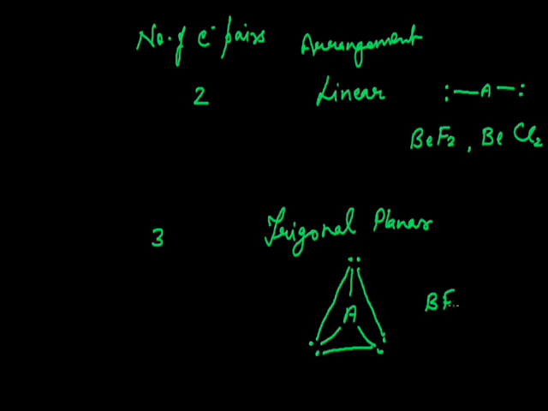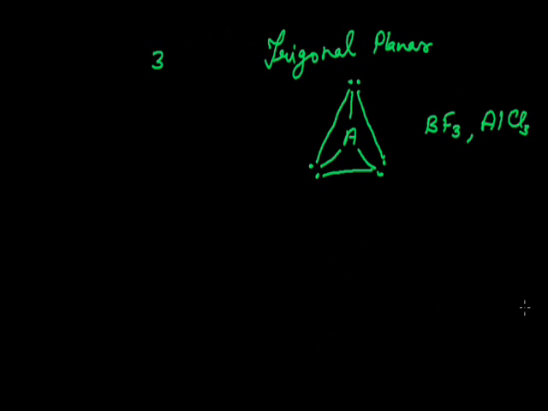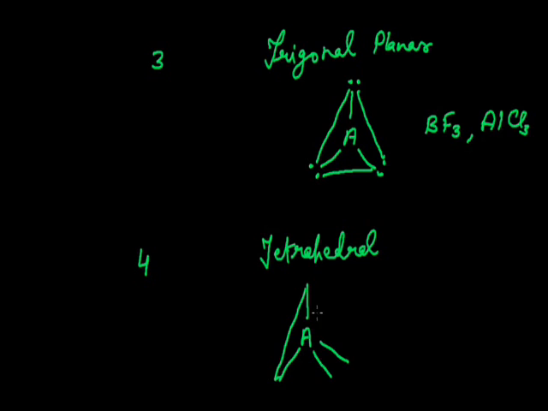Examples are BF3, AlCl3, etc. And if the number of electron pairs is 4, the arrangement would be tetrahedral. Examples are CH4, SiF4 and NH4+.